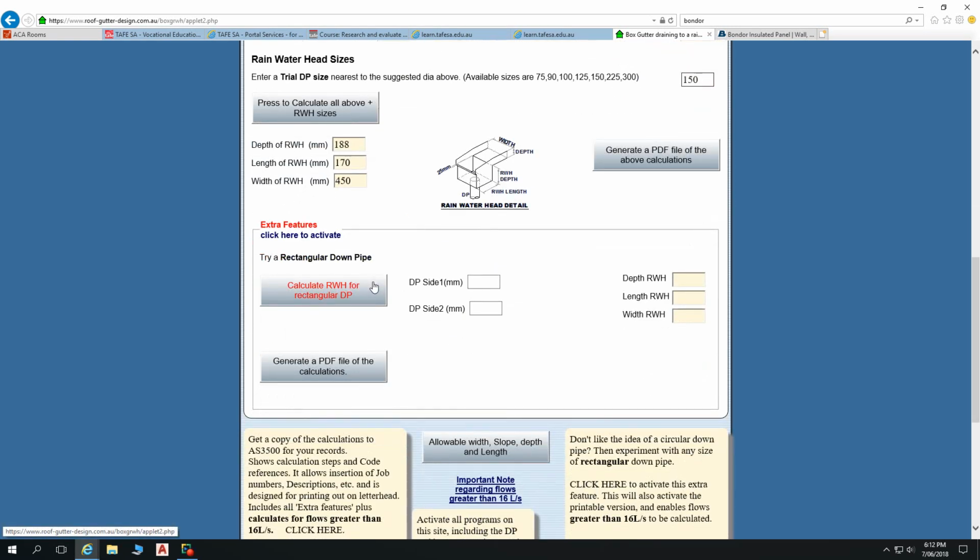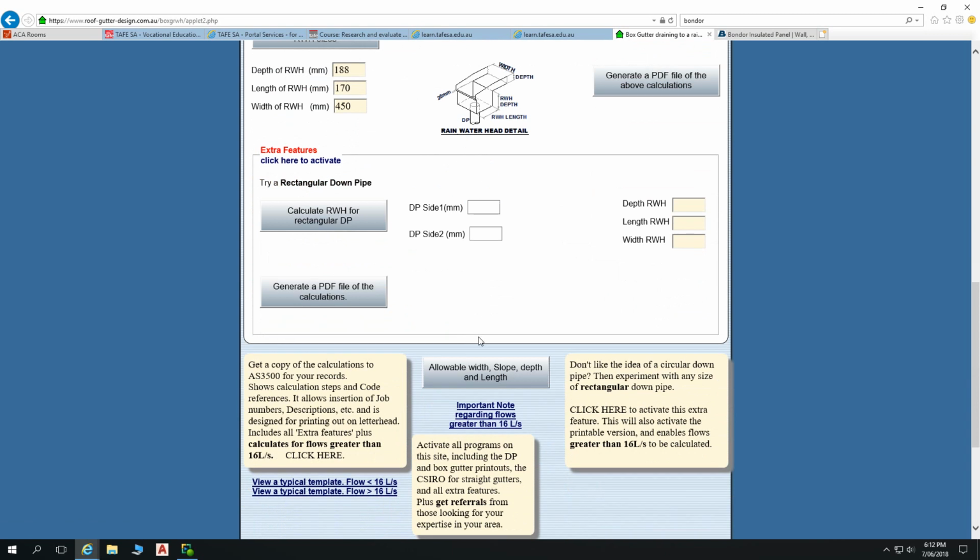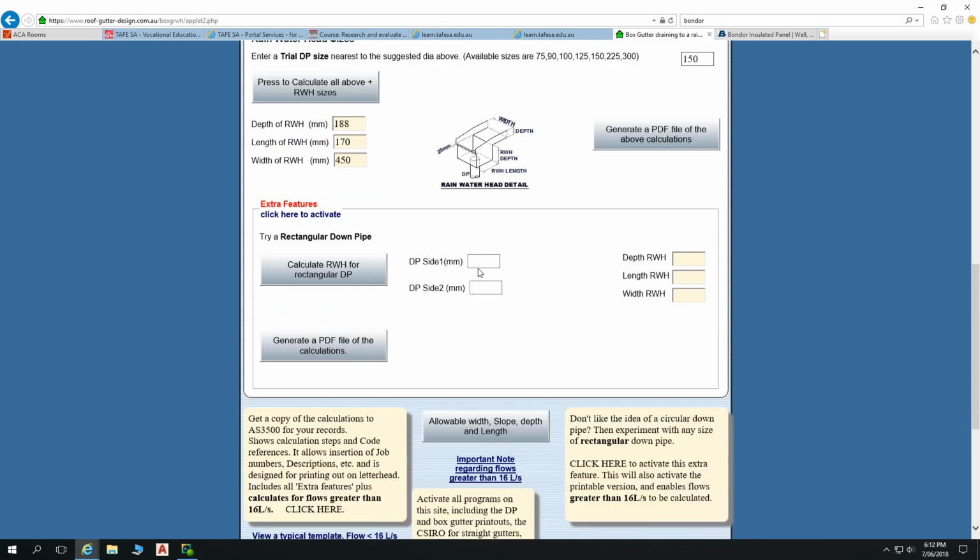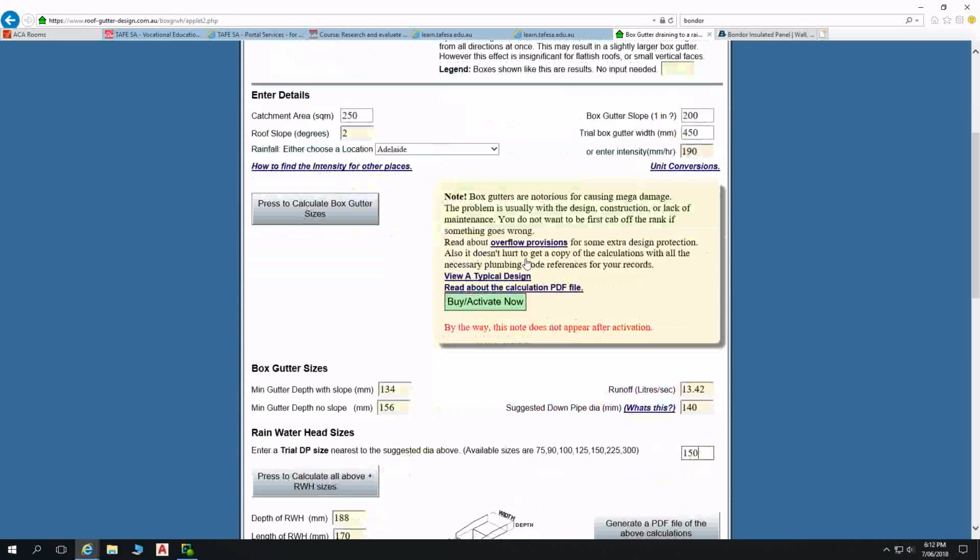So there we go, it's given us our rainwater head dimensions: depth, length and width. Since we got such a shallow box gutter, we can go, oh okay, well maybe we don't have to go 450 wide. Actually, what's our minimum for commercial? 300.